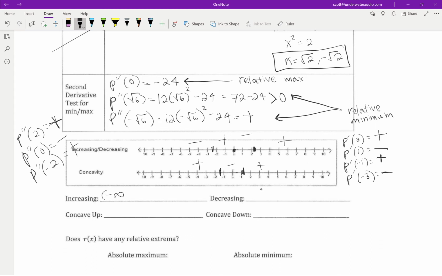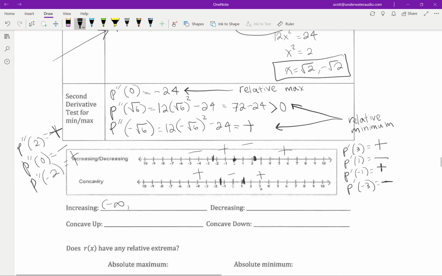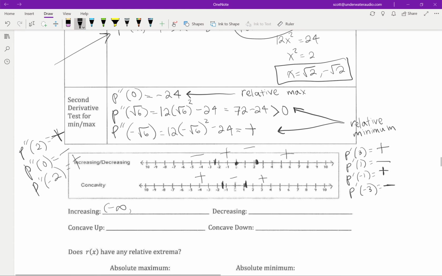Negative infinity to, okay, what was the value? So I need to figure out what my critical points are. It was negative square root 2. Oh, and my bad, that's actually decreasing. Okay, for increasing, it started at negative square root 2 and went to 0.